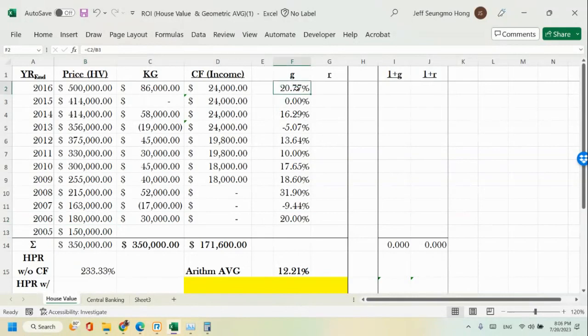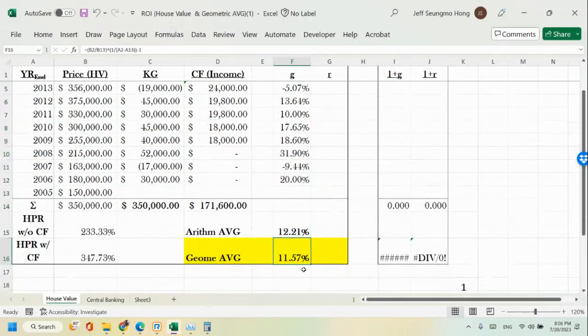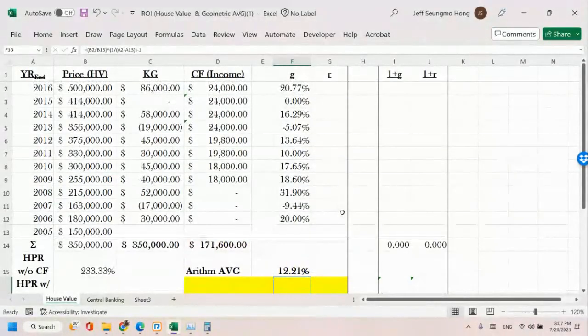So in reality, that constant interest rate will have to be the average of these, but that average will have to take into consideration the compounding effect, because over time there is that growth of compounding effect.